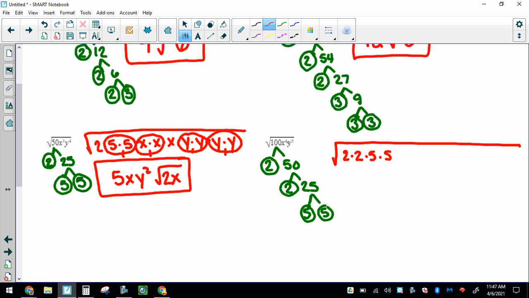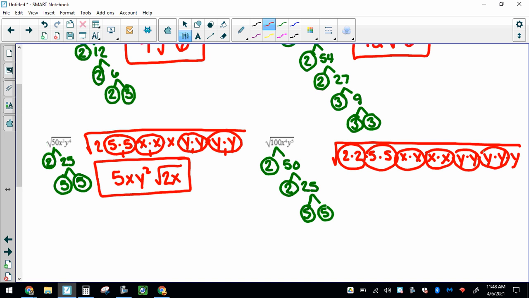Now this says x to the fourth, so that's going to be 4 x's and 5 y's. 1, 2, 3, 4, 5. All right, and then we're going to try circling up pairs. So there's a pair of 2's, a pair of 5's, 2 pairs of x's, 2 pairs of y's, and that last guy doesn't have any pairs to go out.